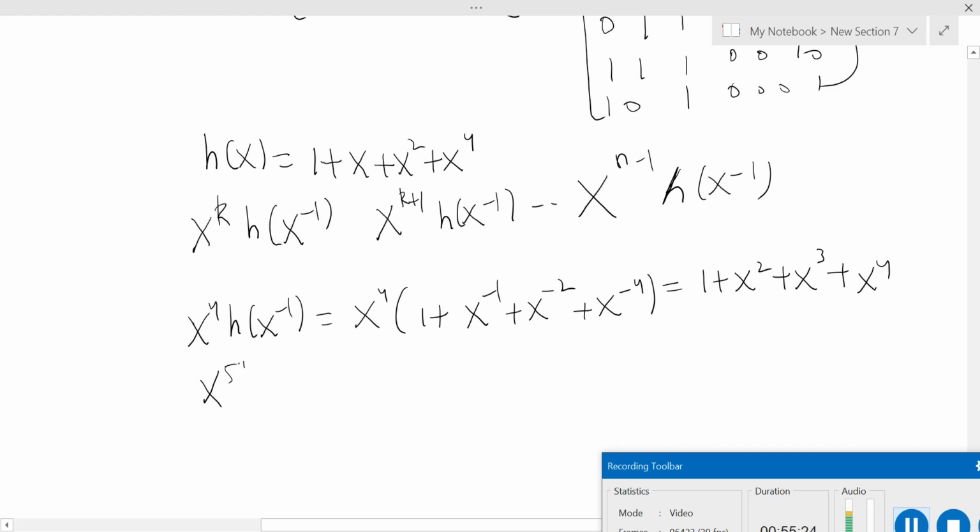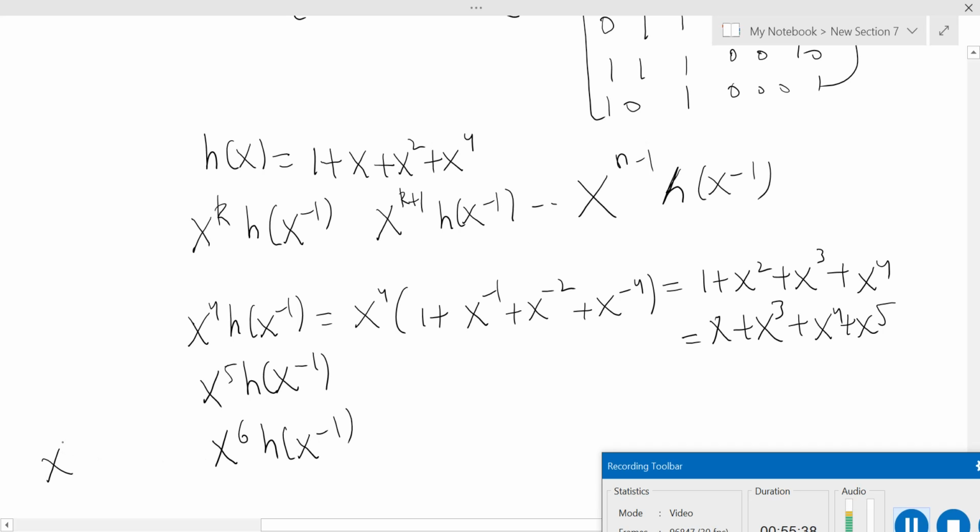Similarly, compute x to the power 5 h of x inverse, that becomes x plus x cube plus x4 plus x5. Similarly, x6 h of x inverse, so you have to go up to x to the power n minus 1. N minus 1 here is 6, so this is the last thing we have to compute. This is x square plus x4 plus x5 plus x6.